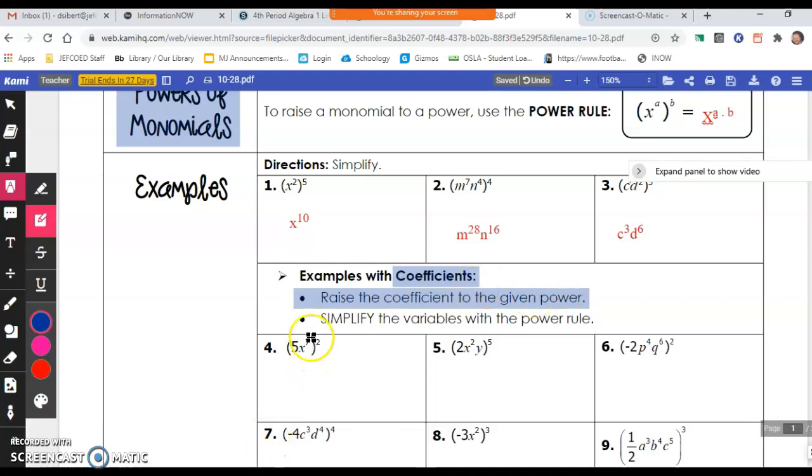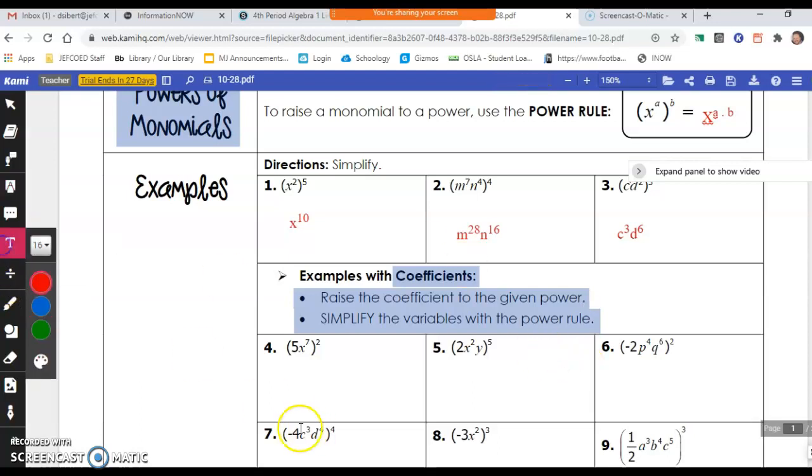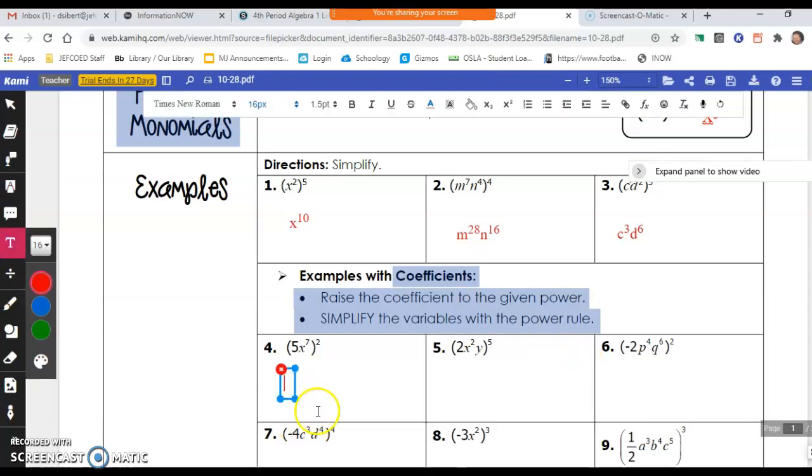After that, you simplify the variables with the power rule. Okay? So our coefficient, guys, or that base number, is treated just like you would with a regular exponent. Okay? So if it's 2 raised to the 4th, that means you would multiply 2 times 2 times 2 times 2 again.